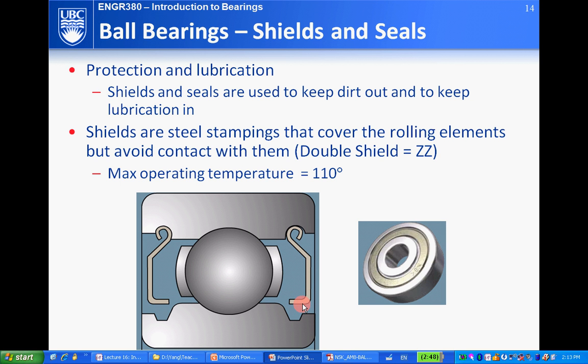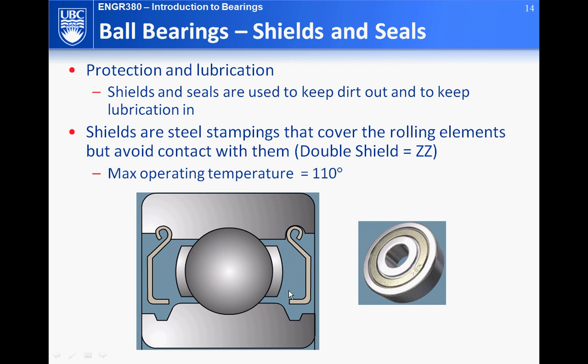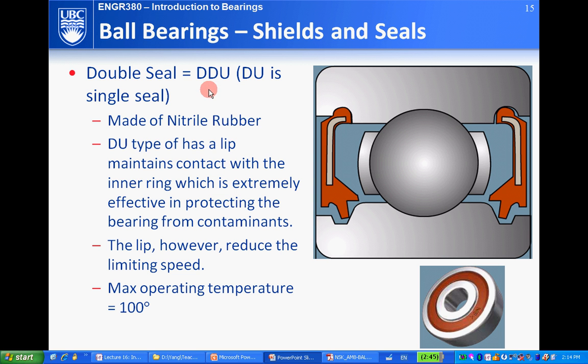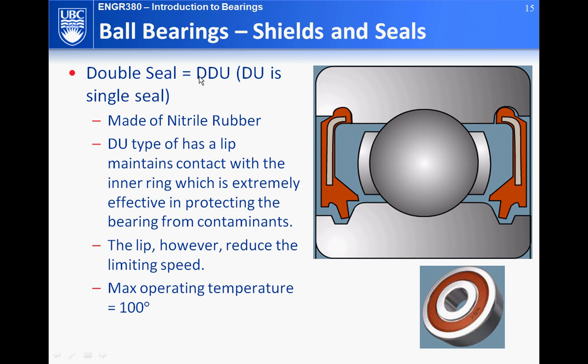If you look at the catalog, generally they indicate the maximum or limiting speed, the operating temperatures, those quantities. For example, for this one here, when you look at the catalog, they usually use DDU as a suffix to indicate this is a double seal. This is what you call a touching type.